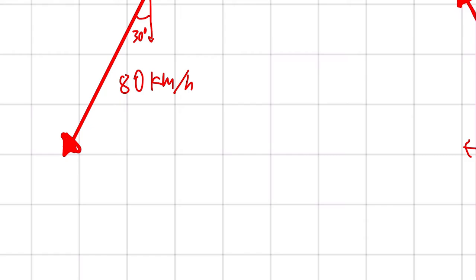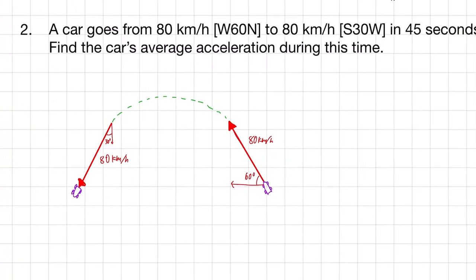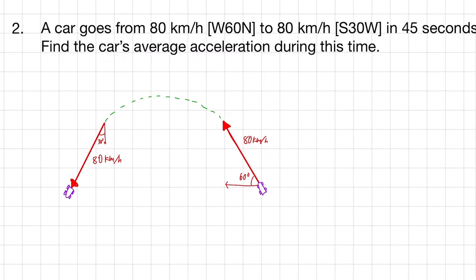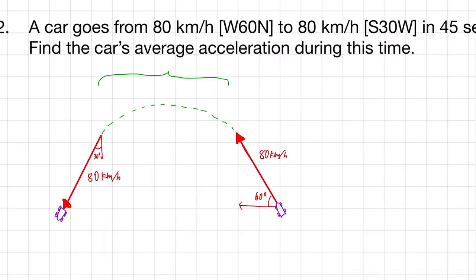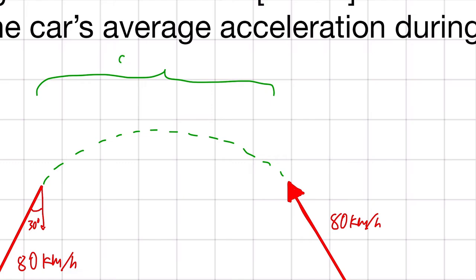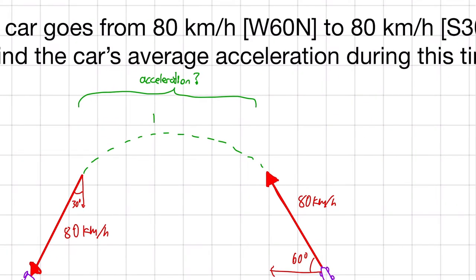And once again, I'll draw a little car at the end. Again, this is a view from the top. And the question's asking us to find the car's average acceleration. So during this period of time, what is the acceleration? And remember, this is a period of time of 45 seconds.